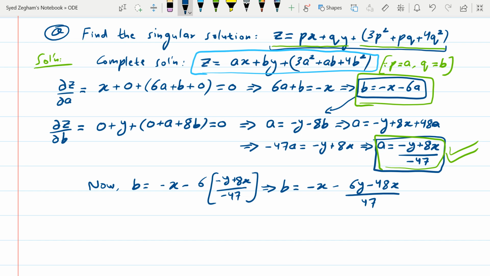So now let us take the LCM and try to simplify a little bit more.